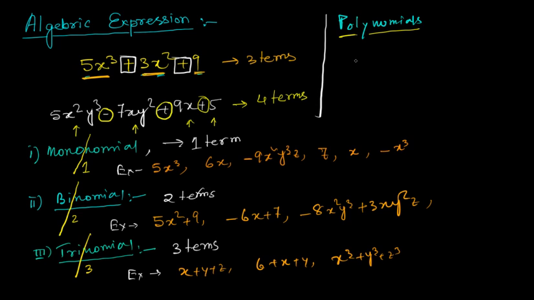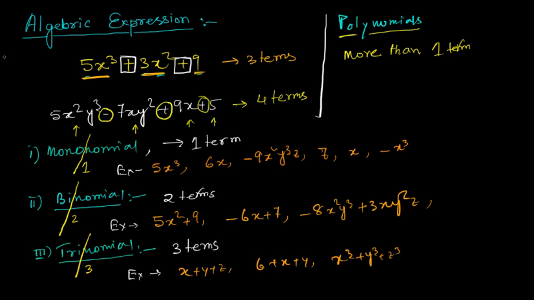In some books more than 10 terms, where they have gone up to decanomial, and deca means 10, so for more than 10 terms, where they cannot name further, those are called polynomials. So we must say more than one term.